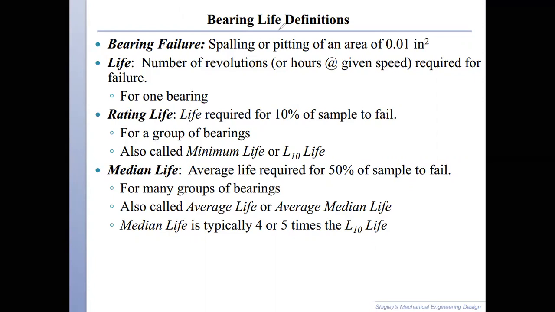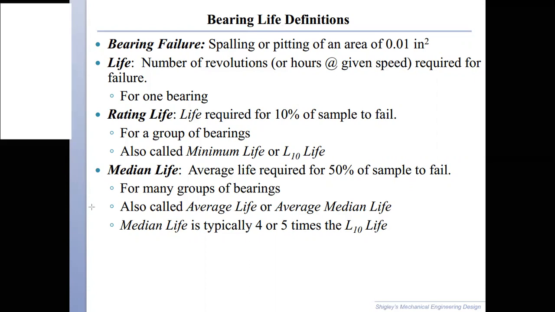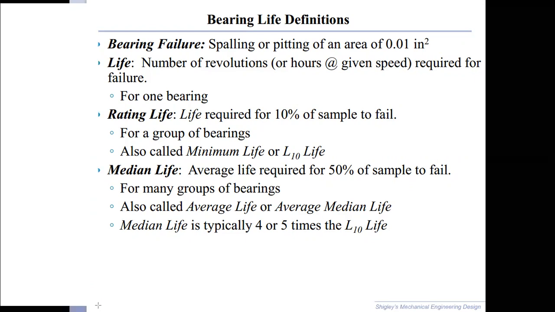So if we are talking about a bearing, there are certain parameters, certain definitions that we need to know. For example, the life of a bearing. The life of a bearing is the number of revolutions, or it can also be given in hours.